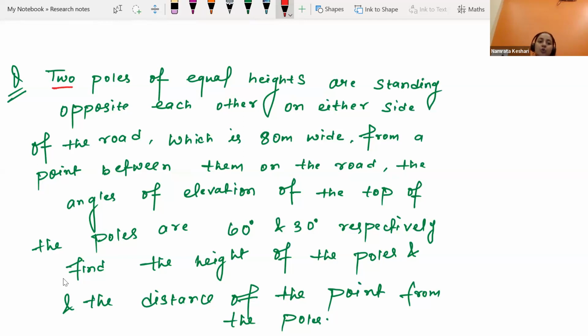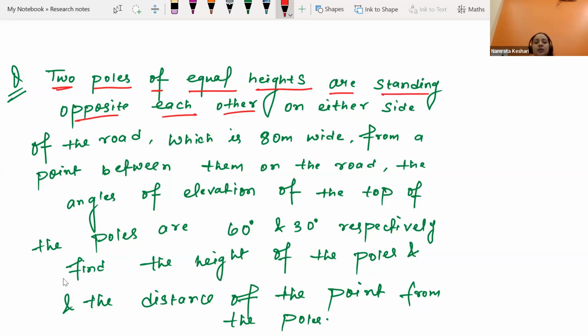It says that two poles of equal height. Two poles are there which are of equal height. Now where to draw? Let's read the next part, then only we will be able to draw the poles. So two poles of equal heights are standing opposite each other. Opposite each other?